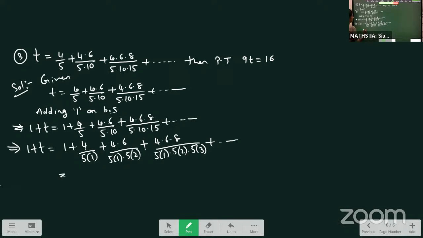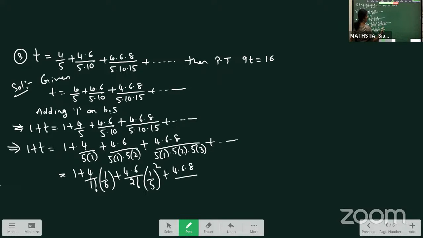That is equal to 1 plus 4 by 1 factorial, 1 by 5, plus 4 into 6 by 1 into 2 is 2 factorial, 1 by 5 whole square, plus 4 into 6 into 8 by 1 into 2 into 3 is 3 factorial, 1 by 5 whole cube, plus so on. One plus t. So it is the perfect form.